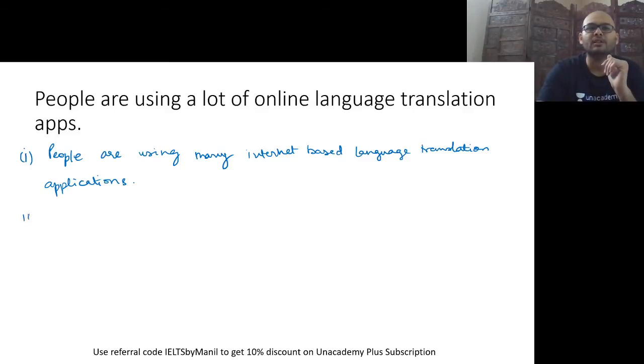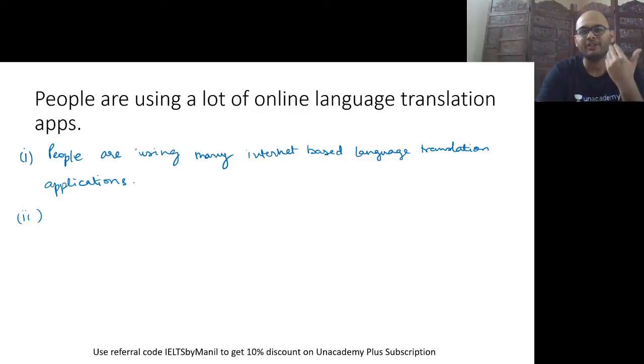Next, we change the word order. Can we change the word order here? Just simply change the word order? Not really, right? If we were to pick up something from here and move it around, no. Can we change word form for some of them independently? People are using a lot of online language translation apps. Not really. Can we change the voice on this one? Yes, we can.